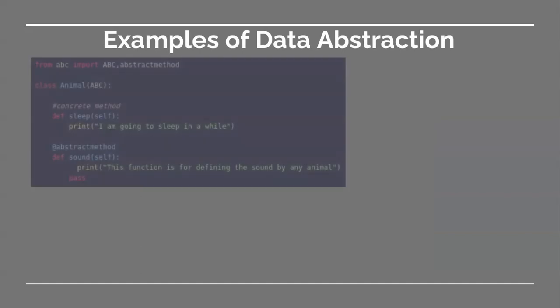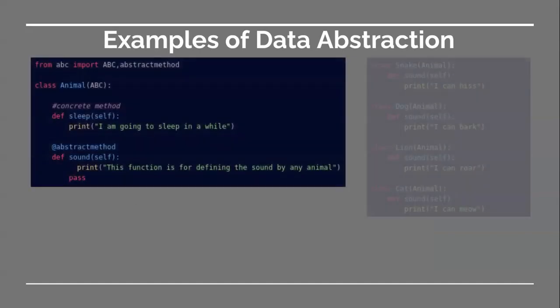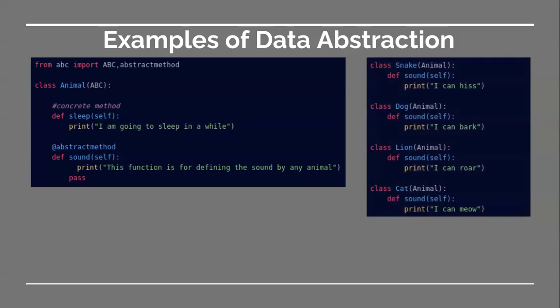Let us take some examples to understand the working of abstract classes in Python. Consider the Animal parent class and other child classes derived from it. Our abstract base class has a concrete method sleep that will be the same for all the child classes. So, we do not define it as an abstract method, thus saving us from code repetition.